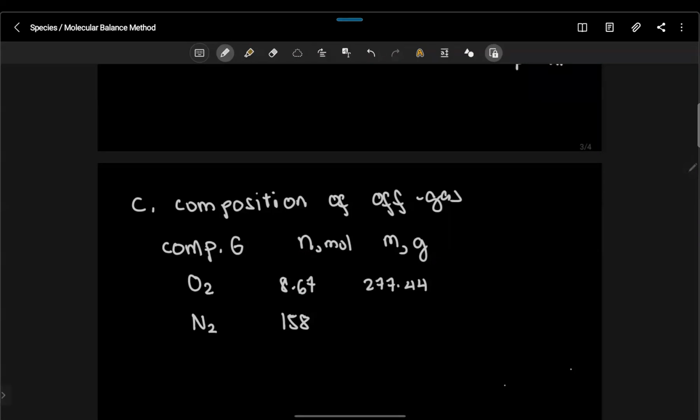And kay nitrogen, it's 4424 grams. So, add mo yan. Ang total in terms of mass is 4701. Yung kay mole kanina, gawin din natin yung total. That's 166.67.